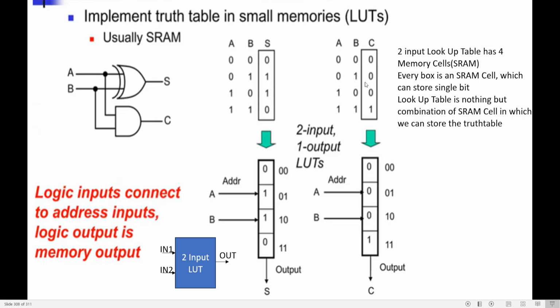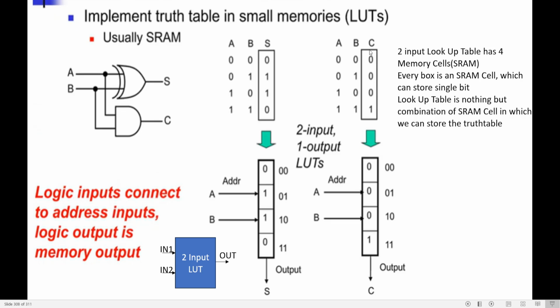Now let us see it for the carry. So for carry, can you see, A and B are the inputs. The inputs are connected to what? The address, A address and B address. So C is the output. Every single output is stored in a static RAM cell. So 1, 2, 3, 4. I am using 4 static RAM cells in which I am storing the output 0, 0, 0, 1.